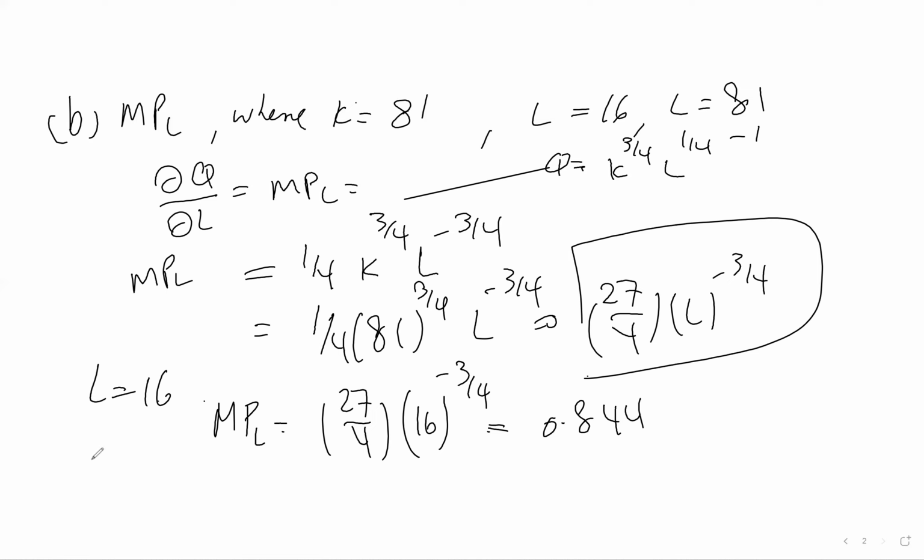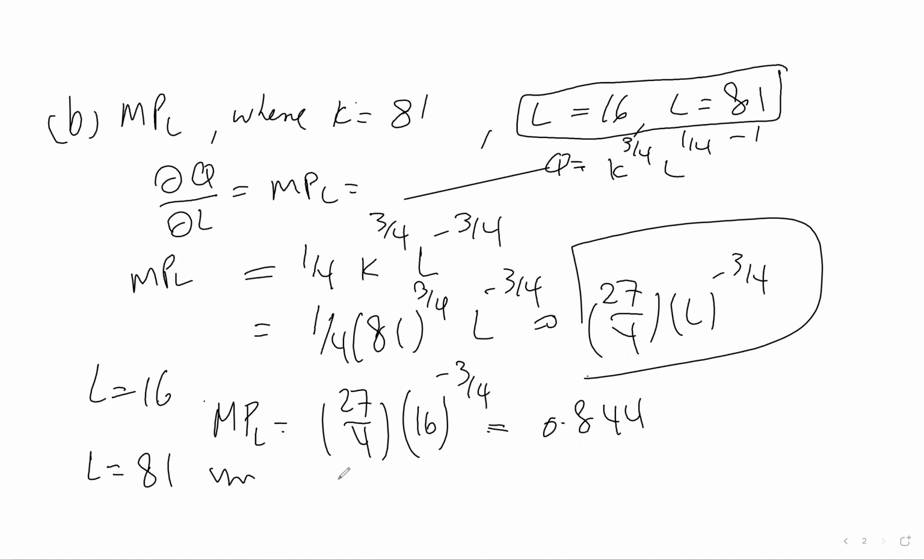Similarly, when L is equal to 81, because we were asked to compute the marginal product by changing the level of L from 16 to 81 and see what happens. So now the marginal product of labor, when L is equal to 81, all we have to do is substitute 81 instead of 16.